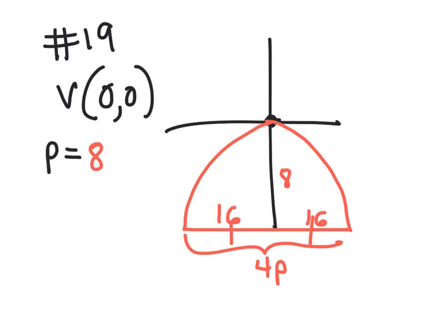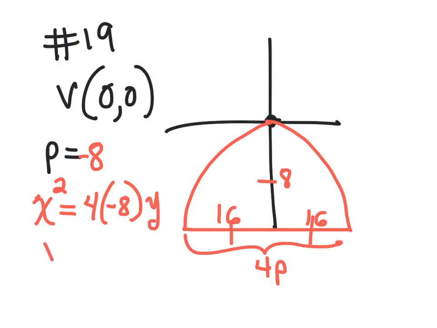Okay, so then what else do we need? That's it, right? So then the parabola equation is going down. So isn't it that negative 8 because it's going down? Yes. Okay, so then what's the equation? It's opening down. X squared equals 4 times P, and P is negative 8.